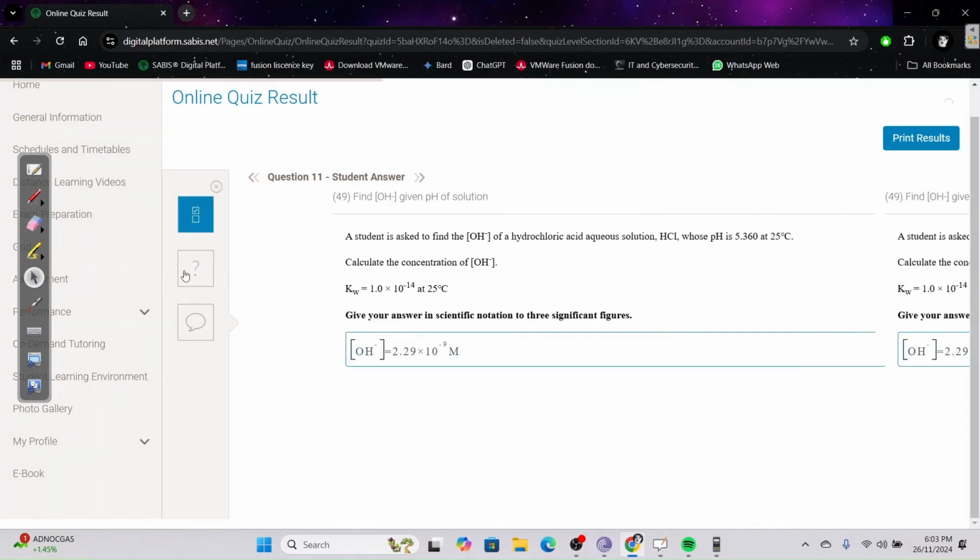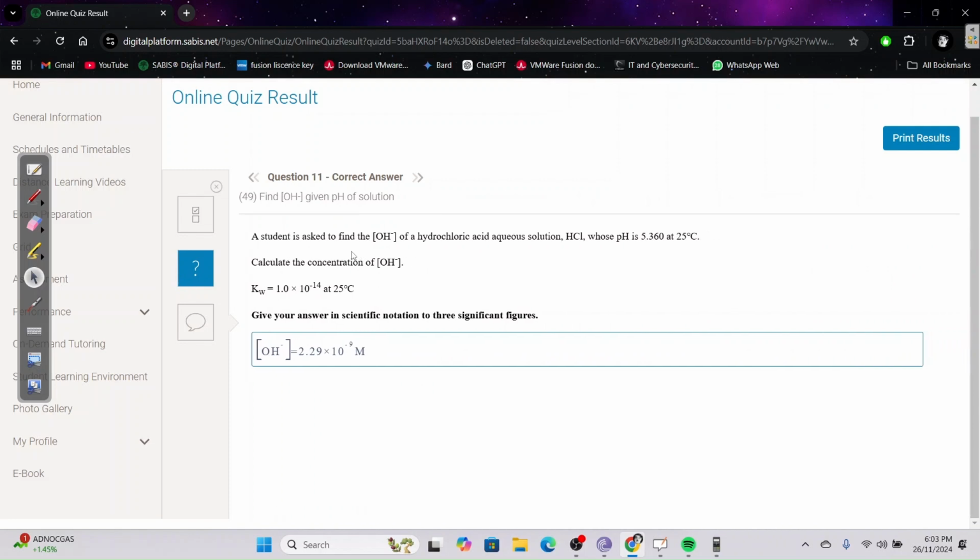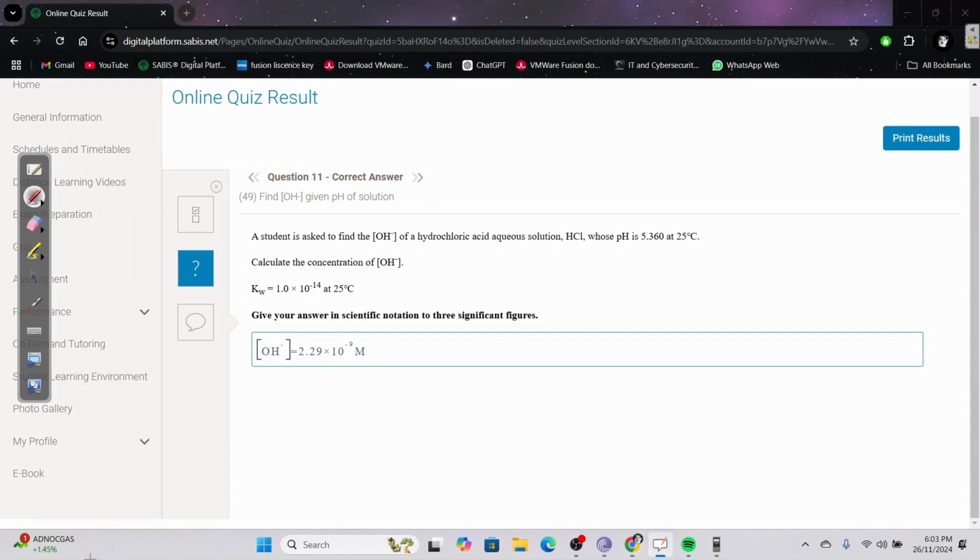Okay, question 11. A student asks to find the concentration of OH minus of a hydrochloric acid solution, HCl, whose pH is 5.36 at 25 degrees Celsius. Okay, for this one, you're going to need to know that the concentration of hydrogen is equal to 10 to the power of negative pH.